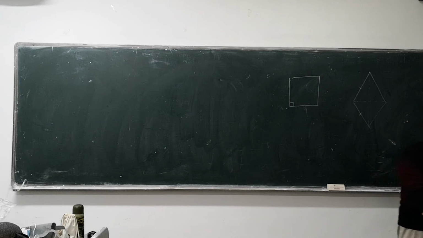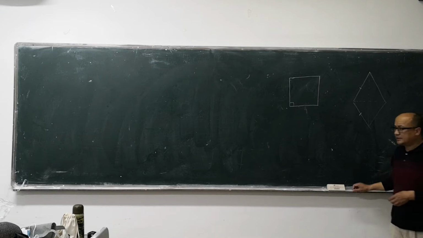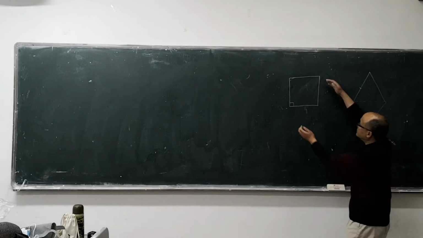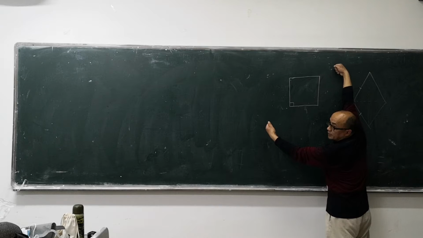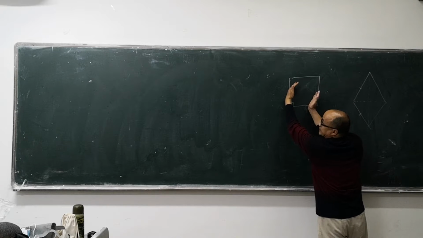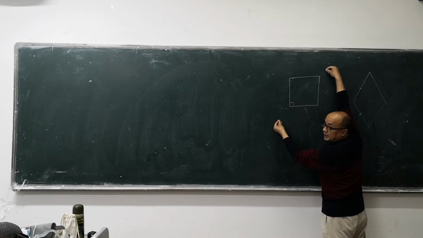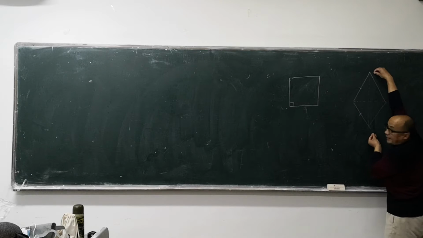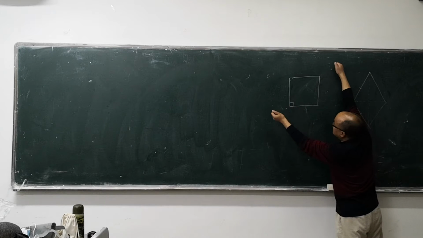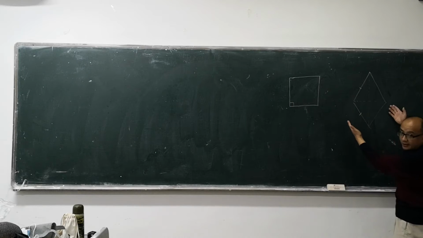Do I have something to squeeze it? I do not have. If I pull it, the two ends will get closer. The two ends will be a little further, like that. Or I squeeze it, we'll get like that.